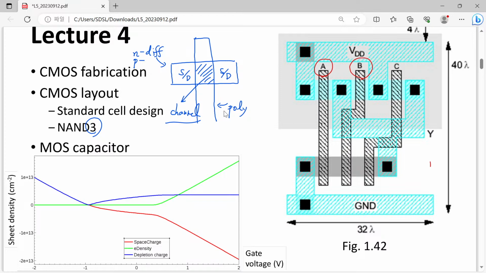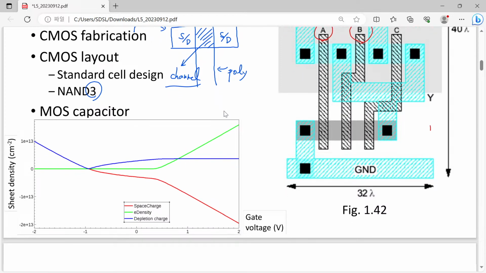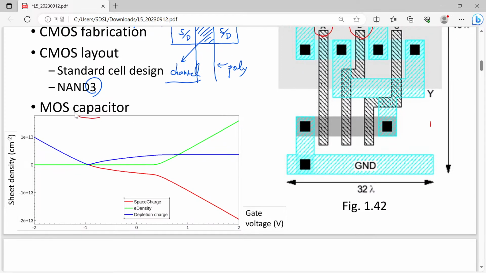After that, we moved to the MOS capacitor. After briefly discussing the structure of MOS, eventually we found this type of graph. The blue curve and the green curve correspond to two contributions to the negative charges required for this system.